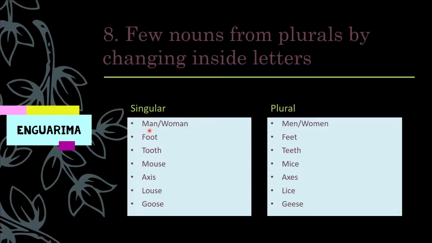Example: man, men; woman, women; foot, feet; tooth, teeth; mouse, mice; axis, axis or axes; louse, lice; goose, geese.